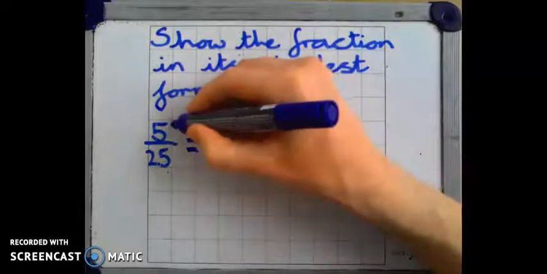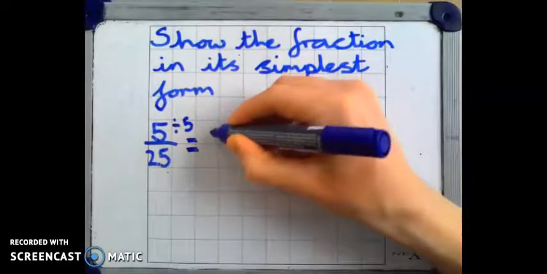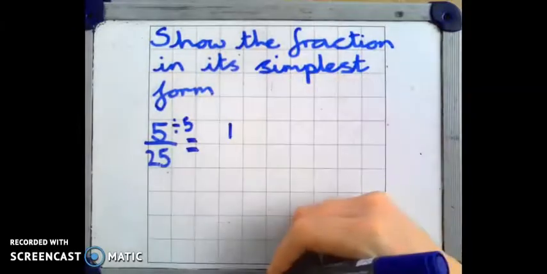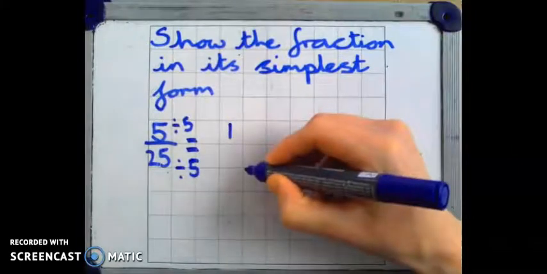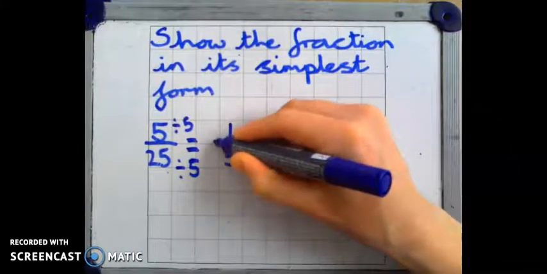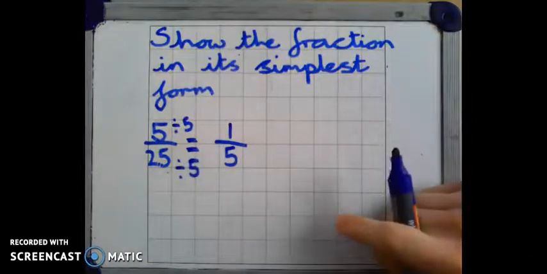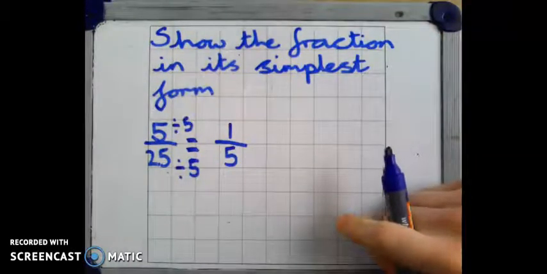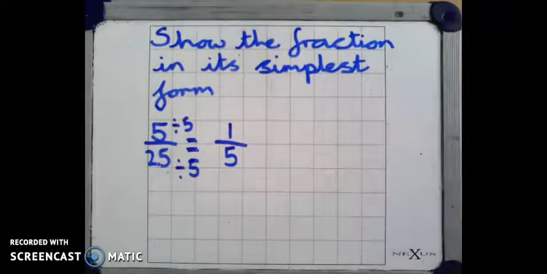So 5 divided by 5 is 1, and 25 divided by 5 is 5. 5/25 is equal to 1/5, and we know it's in its simplest form because 1 is the numerator.